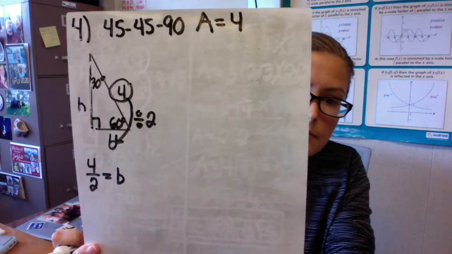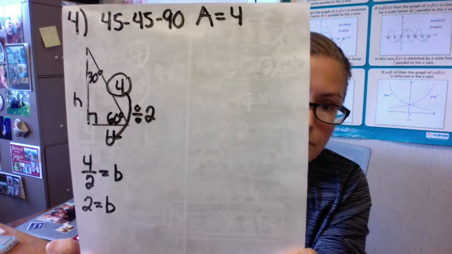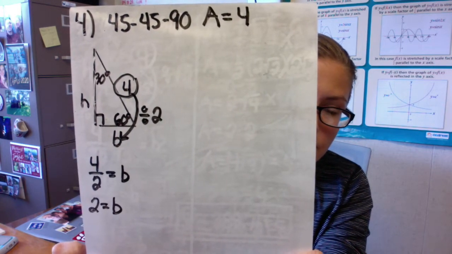So 4 divided by 2 is equal to B. So 2 equals B. To get from B to H, we need to multiply by radical 3.